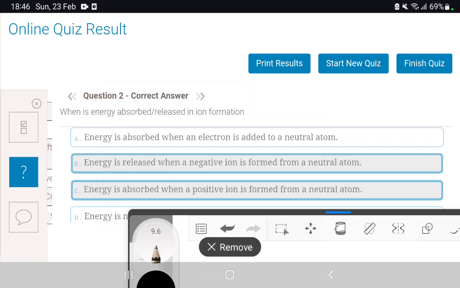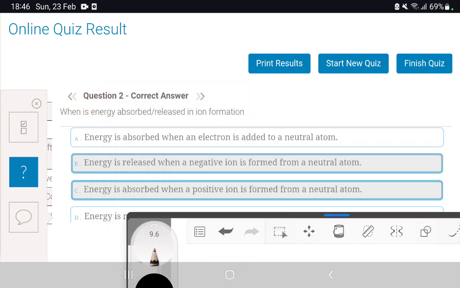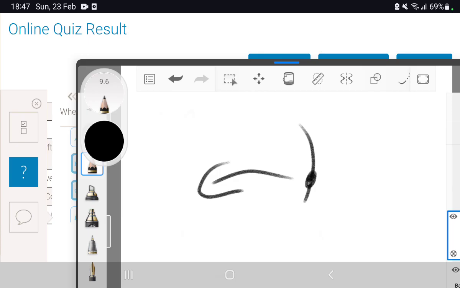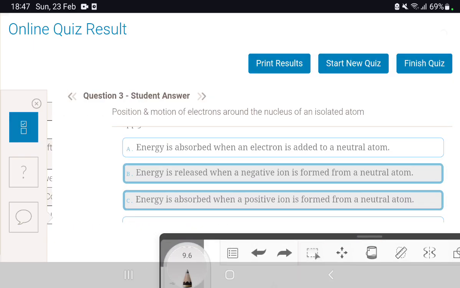To make a positive ion, we need to remove an electron, right? And to remove the electron, there will be resistive forces pulling it backwards, which is why we need energy to make a positive ion.